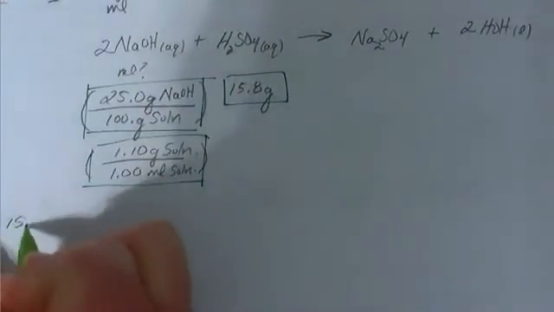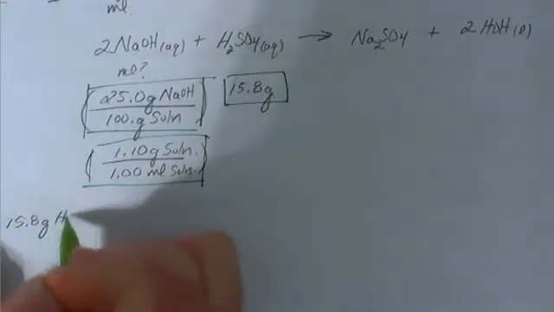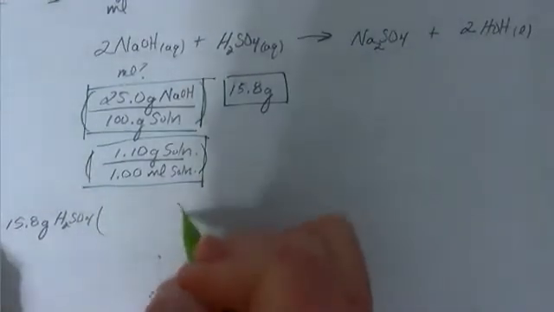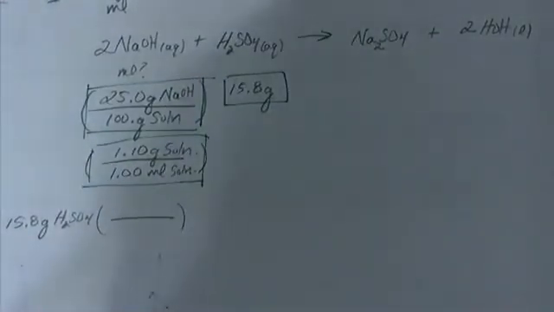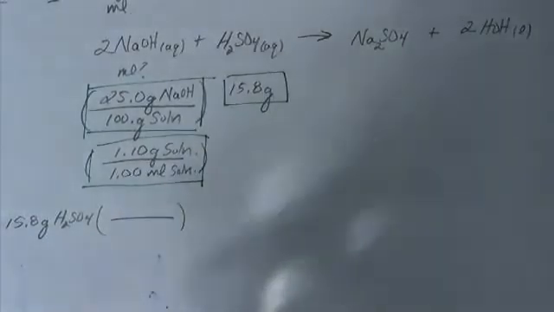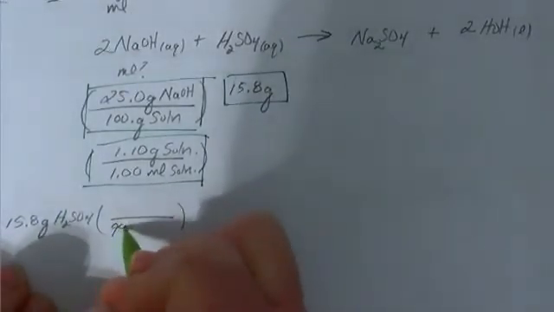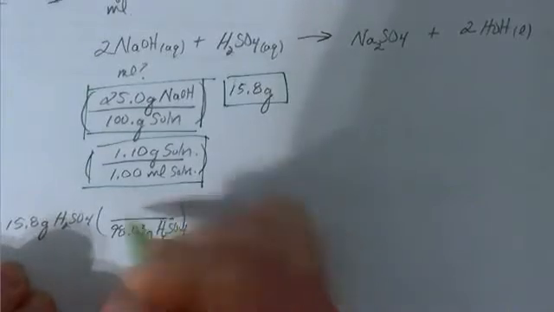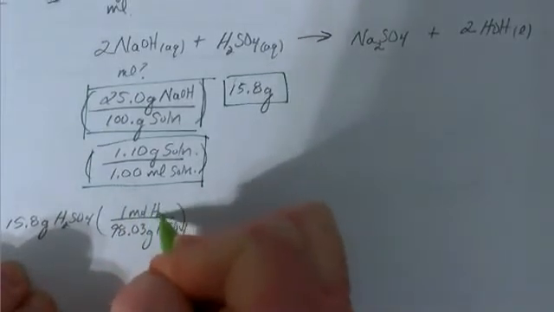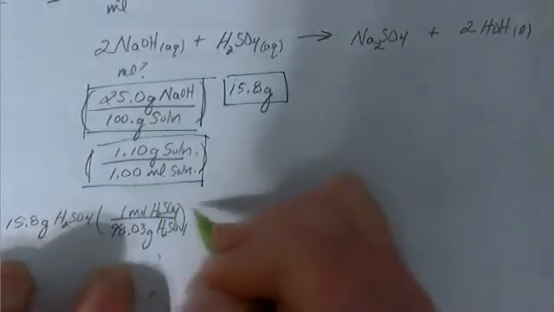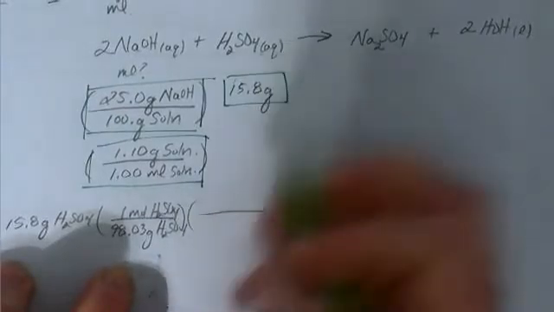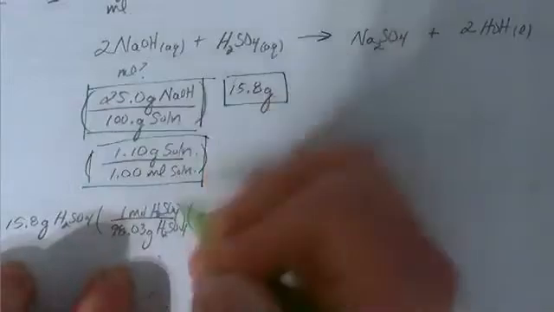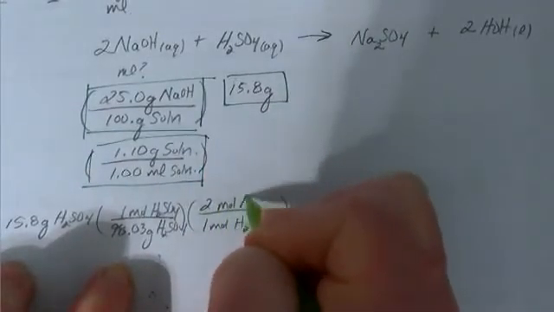If we start with 15.8 grams of H2SO4, you may put that over 1 if you would like. Then we get the formula mass of 2 hydrogens, 1 sulfur, and 4 oxygen. That is 98.03 grams in every 1 mole. All right, we get to moles, so we can do the mole ratio. Every 1 mole of H2SO4 can react with 2 moles of NaOH.